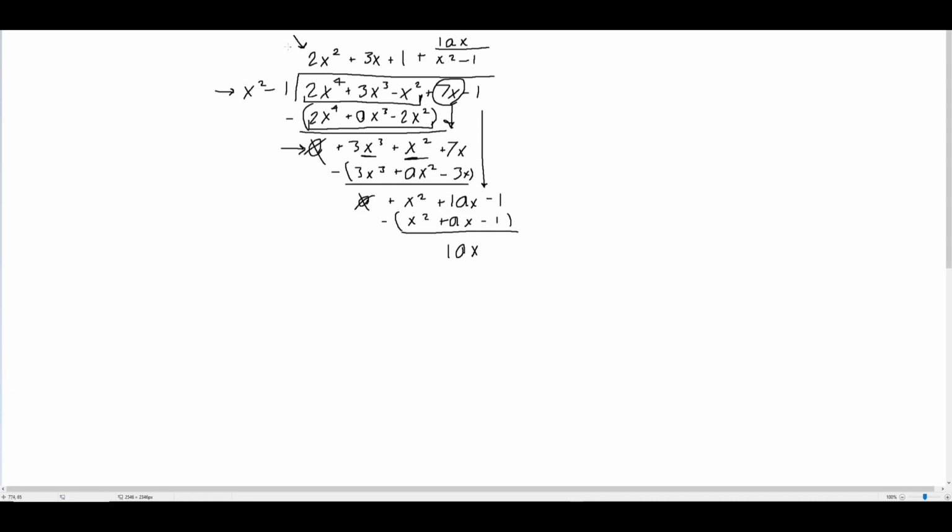So this will be the full thing. This part would be printed as a quotient, and this part would be printed as a remainder. Each term in this quotient would be A in each iteration, if that makes sense. It's difficult to explain, but if you understand synthetic division, this is just exactly what it does.